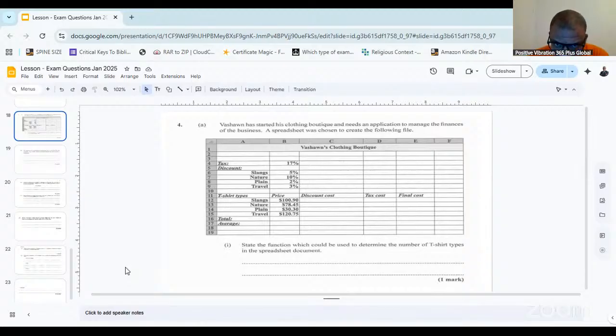State the function which could be used to determine the number of t-shirt types in the spreadsheet document. What function would you use to determine the type?